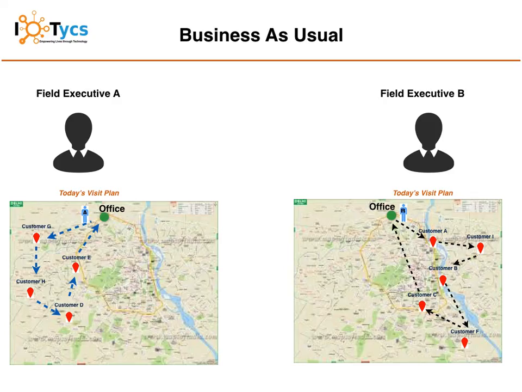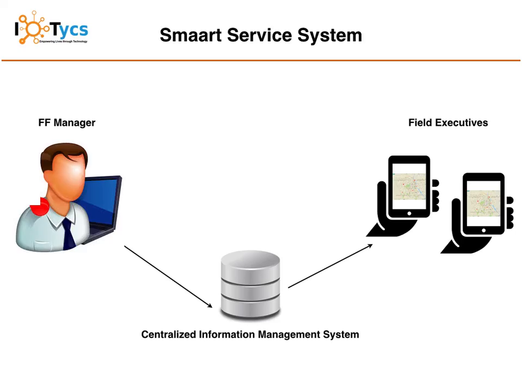And also, the Smart Service System automatically plans optimized routes for both executives A and B. The same information is instantly shared with the field executives through the mobile apps.